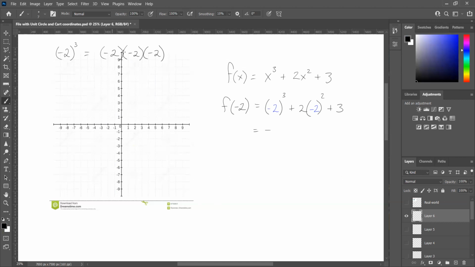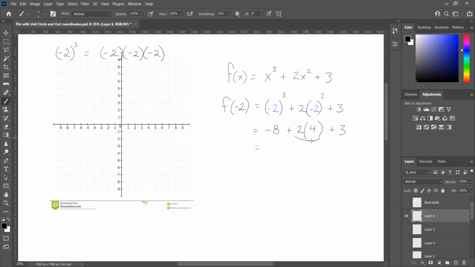And then we look at the numbers. 2 times 2 is 4, times 2 is 8. So -2 cubed is -8. Now let's keep going here. We've got a 2. -2 squared is -2 times -2. Negative times negative is a positive, and 2 times 2 is 4. And then we have our plus 3.